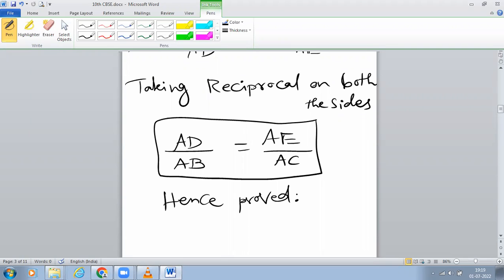Excuse me, sir. Yes. Sir, is taking reciprocal necessary? Yes, reciprocal is necessary.